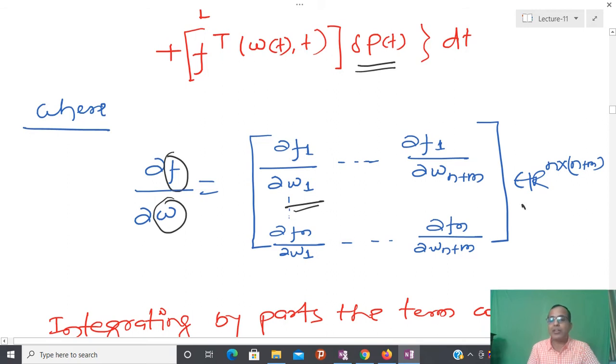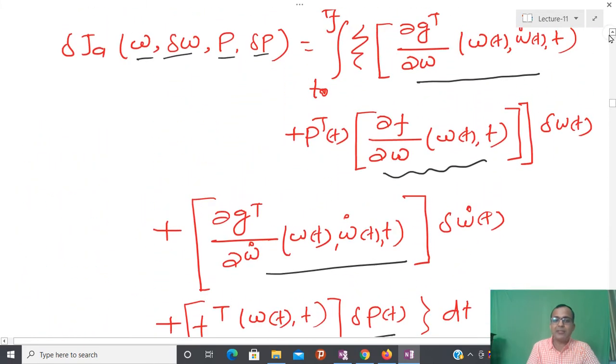Due to that reason this kind of matrix comes into the picture. So this is an n cross (n plus m) matrix. Similar kinds of things I have everywhere.